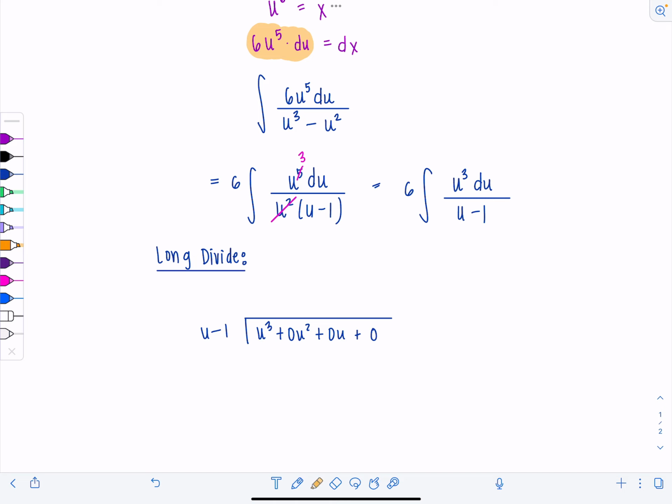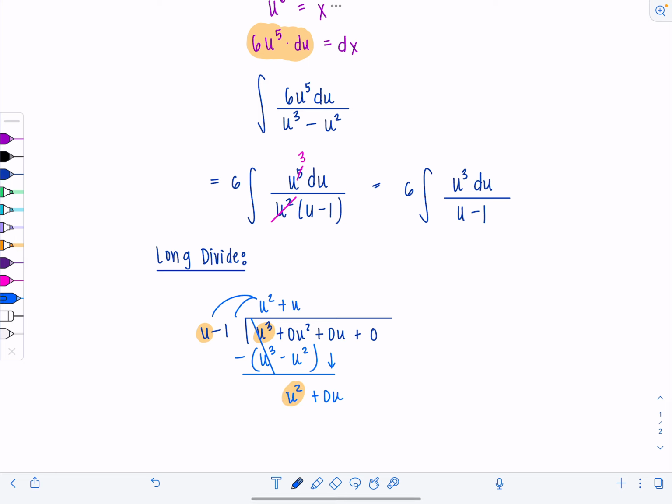All right. So just think, what do you multiply u by to make it u cubed? u squared. And then you distribute. So this would be u cubed minus u squared, and then you subtract. So this will cancel, and then now I'll have positive u squared, bring down the next term, and then repeat the process. What do you multiply u by to make it u squared?